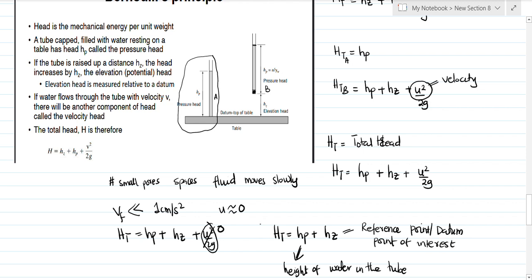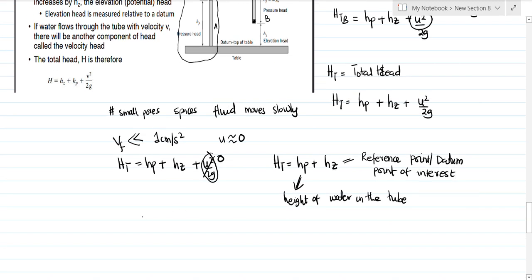So let's take note. Let's make some analysis here. We know that pore water pressure is equal to the unit weight of water times the height. And so if I want h to be the subject, then my pressure head is simply equal to the pore water pressure over the unit weight of water.